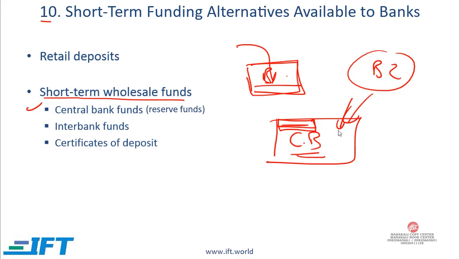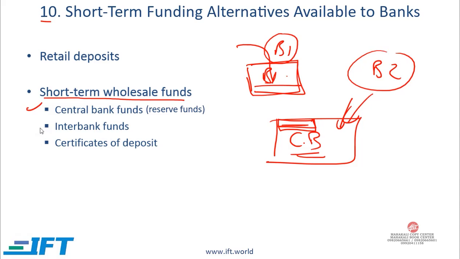Bank 1 can then, through the central bank, borrow from Bank 2. The rate used in this context is called the central bank funds rate. If borrowing happens for 1 day, then we refer to this as overnight funds. If borrowing is for more than 1 day, then we refer to this as term funds.